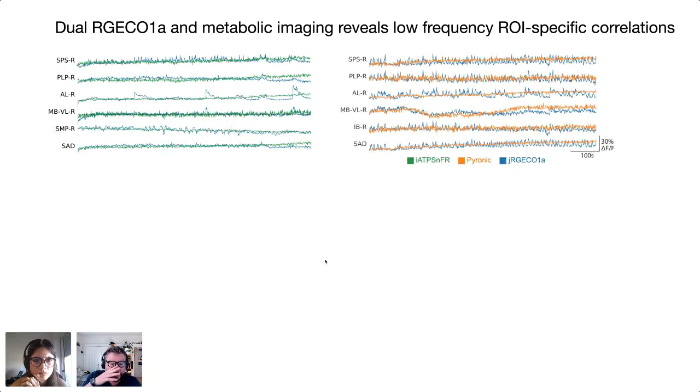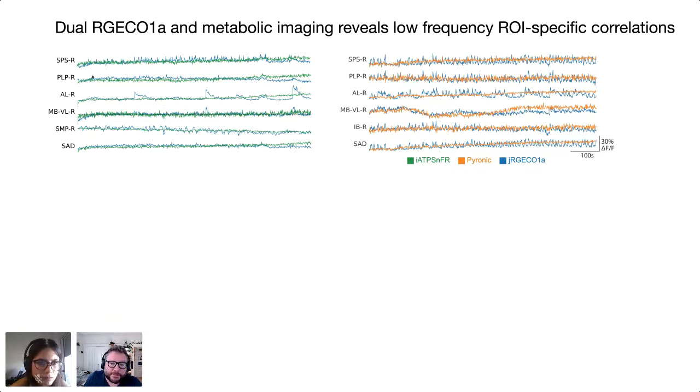In these example time series traces, blue is always going to be jRGECO or calcium, green is always going to be the ATP sniffer, and orange is always going to be Pyronic. That will stay true throughout the talk in case I left out a legend at some point.